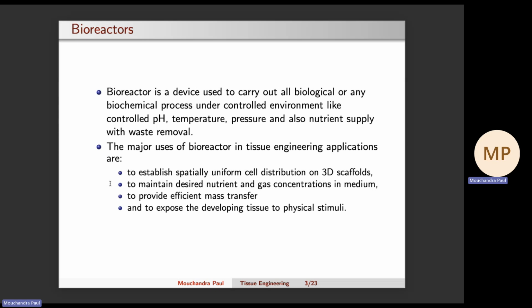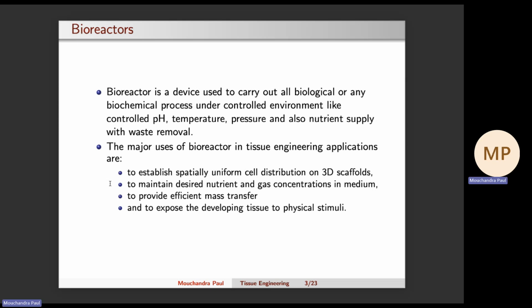Say you are not able to have the required number of cells which is going to give you a clinical advantage. So you need a very large number of cells. Then you can use a bioreactor.